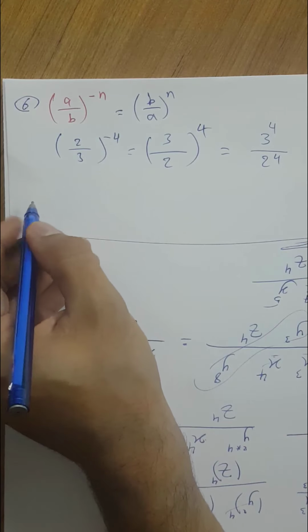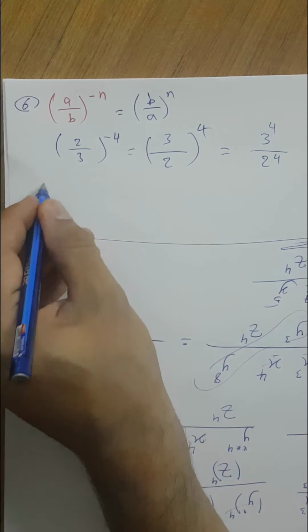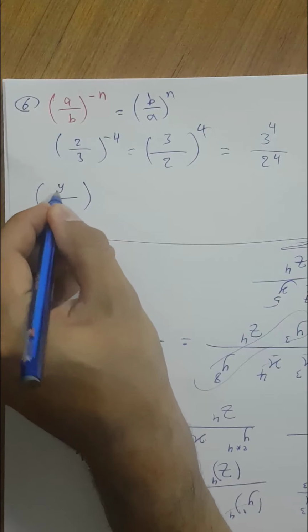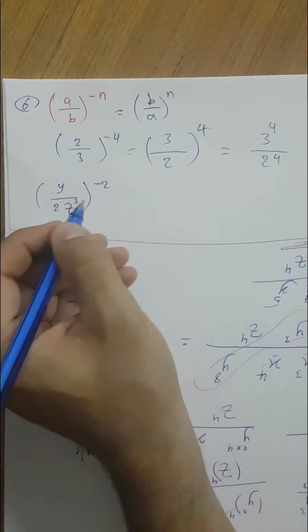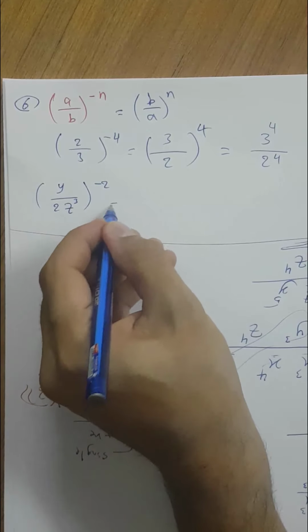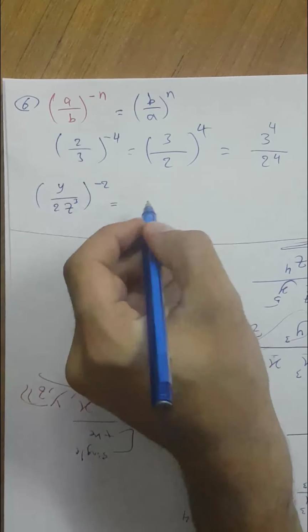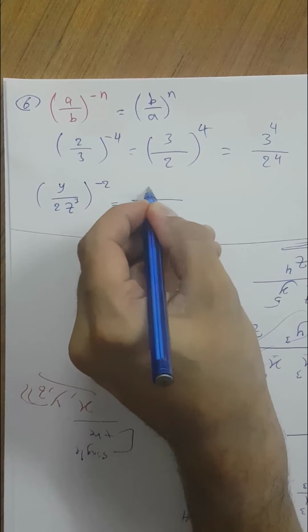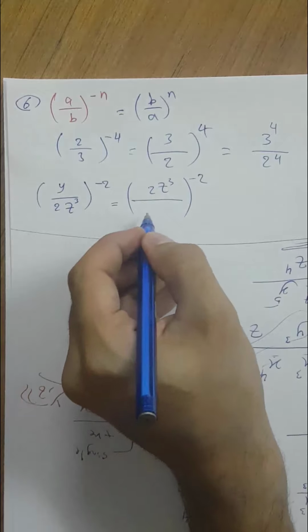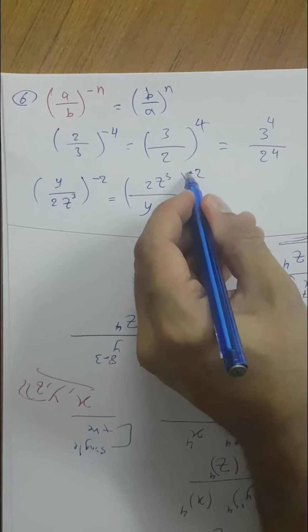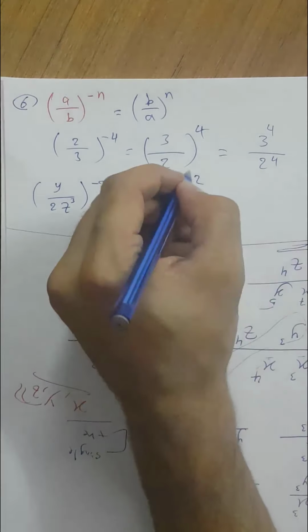How about an example in mathematical language? In case I have y over z to power 3, all with minus 2, I'll change them. I say it is equal to what? 2z to power 3 with 2 and y, right? So you will change them. Sorry, I made a mistake.